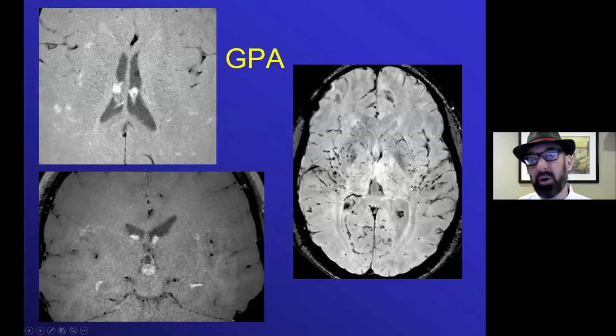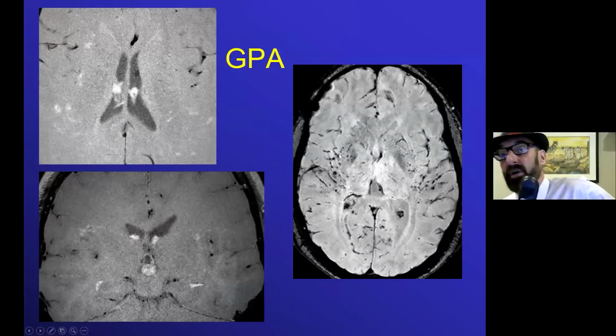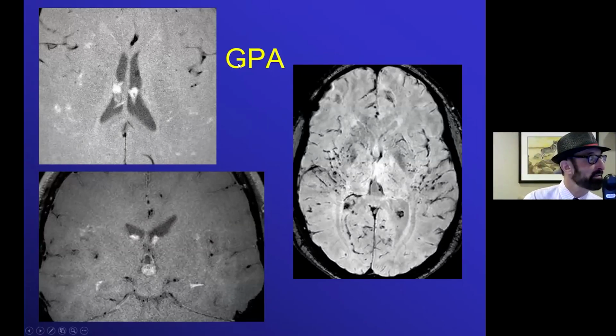Sometimes with both GPA, Wegener's, as well as sarcoidosis, we see these little microhemorrhages, particularly around these small vessels at the periphery of the brain. And that is another of the manifestations of GPA. You see all this little tiny enhancement of the small vessels, similar to what we were seeing previously in the patients who had primary angiitis of the central nervous system.